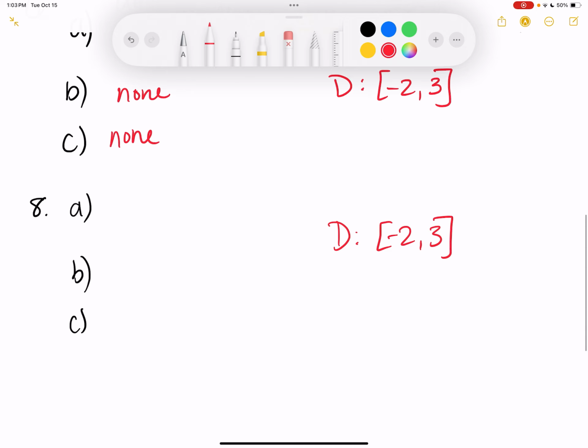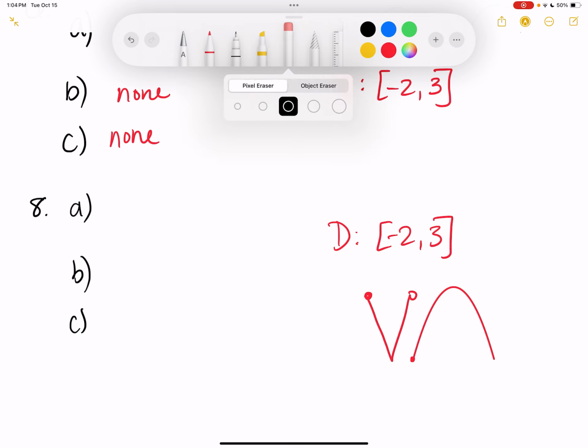So, this graph looks something like, nope, not that. Very strange looking graph.